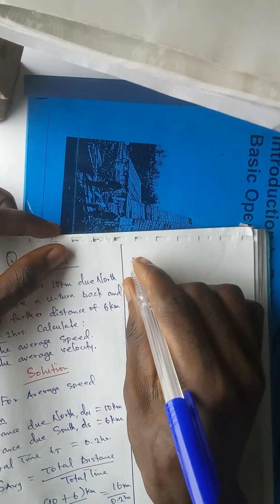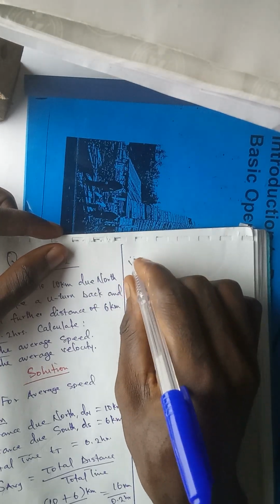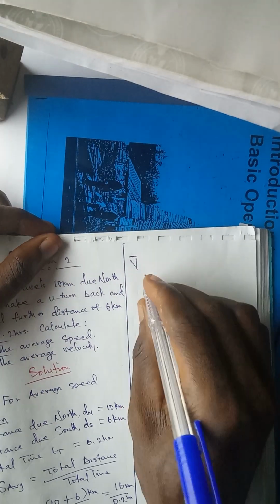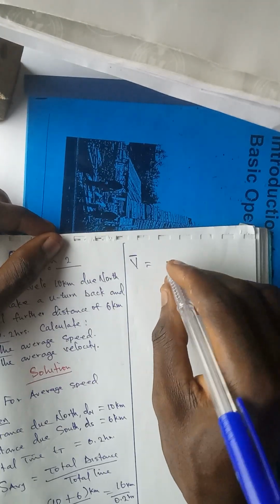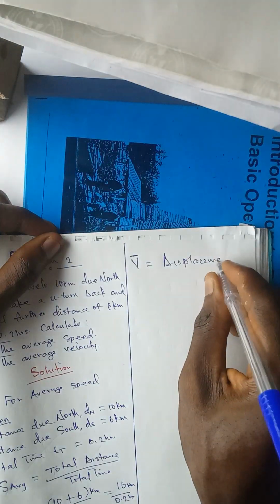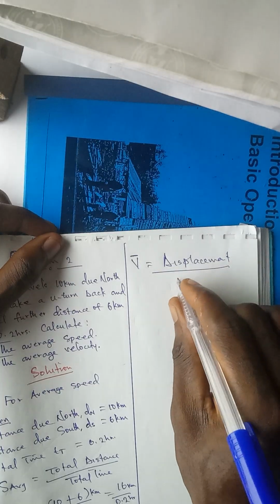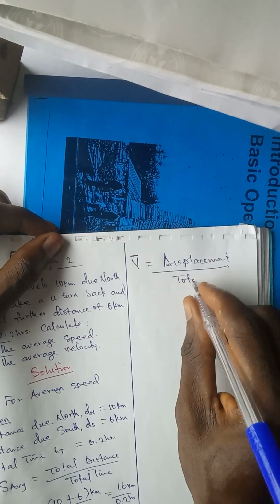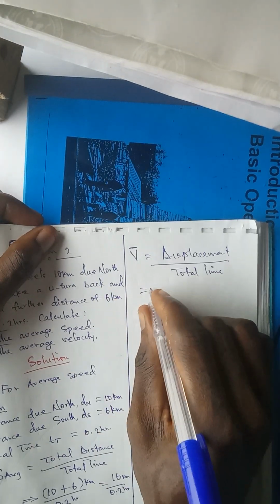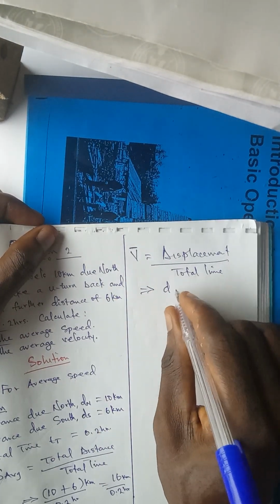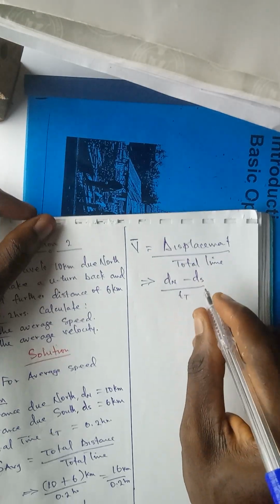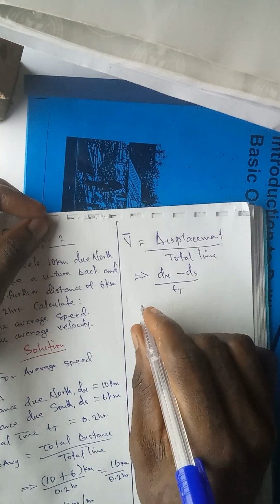Substituting, my average velocity, v, equals displacement all over the time taken, so that is dn minus ds all over total time.